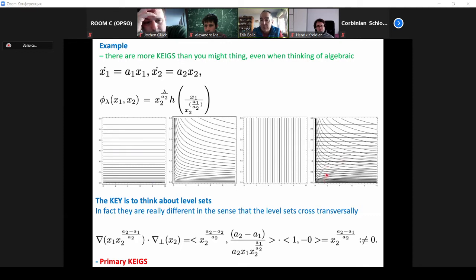So the transverse level sets you can test out by saying, okay, let's take 2 different sets of level sets. So if this ends up right here, this is one eigenfunction, and this is another eigenfunction that came through from this by choosing different H's. And I can test if the level sets are transverse or not by taking the gradients. So the gradient of one set of level sets and the perpendicular gradient of the other.